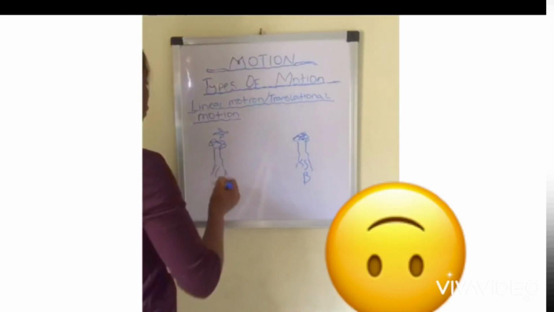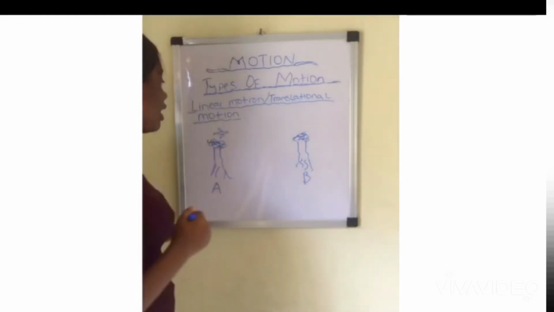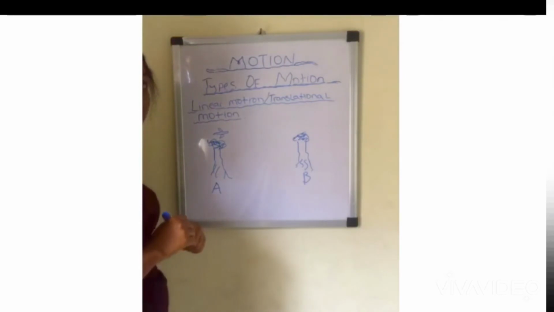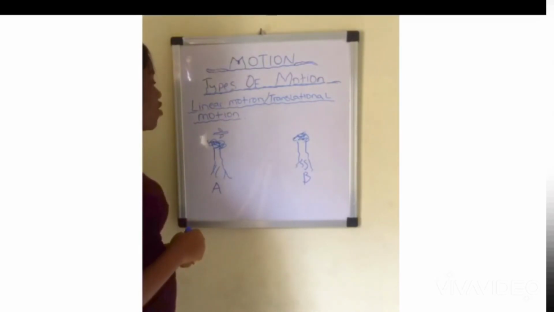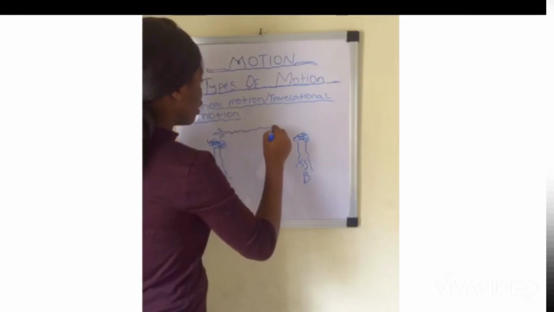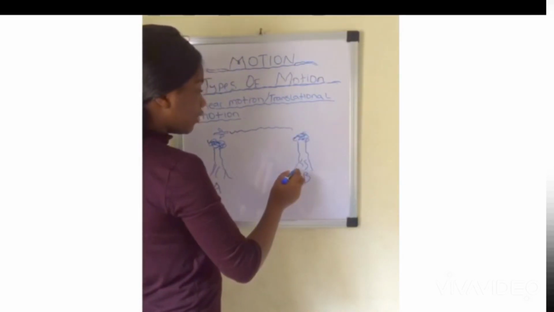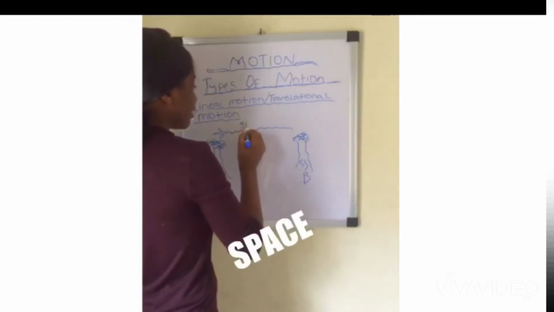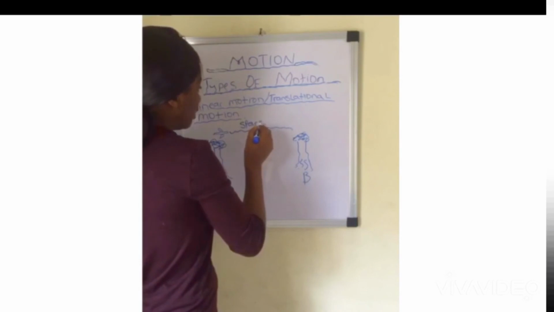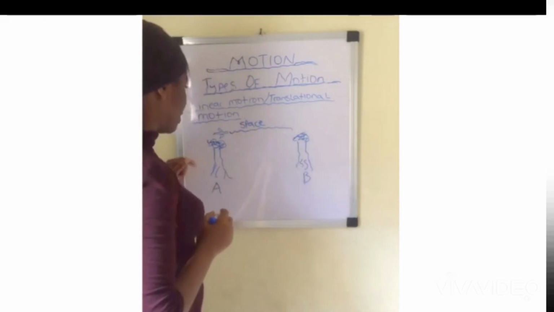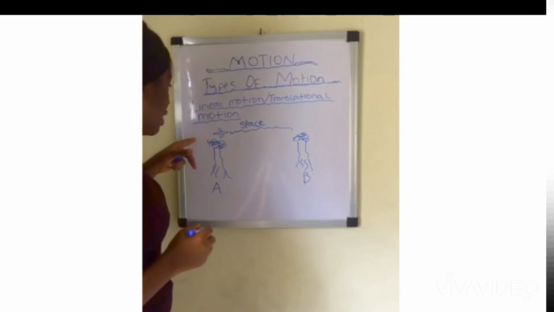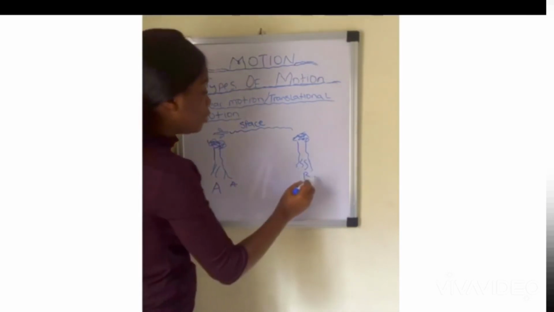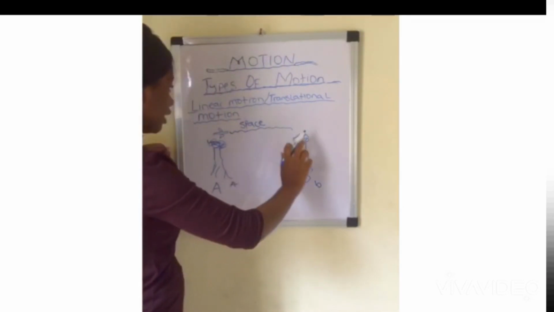This is a tree at point A, and the bird is on point A. If the bird travels to point B, that is another tree, the bird is traveling in space. That's one difference. Another difference is that there's a complete change in position. Like the bird left point A to point B. There's a complete change.